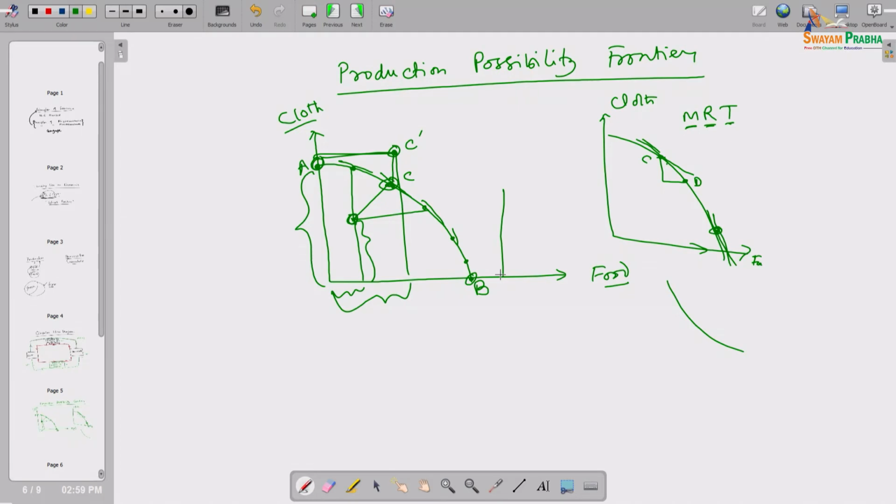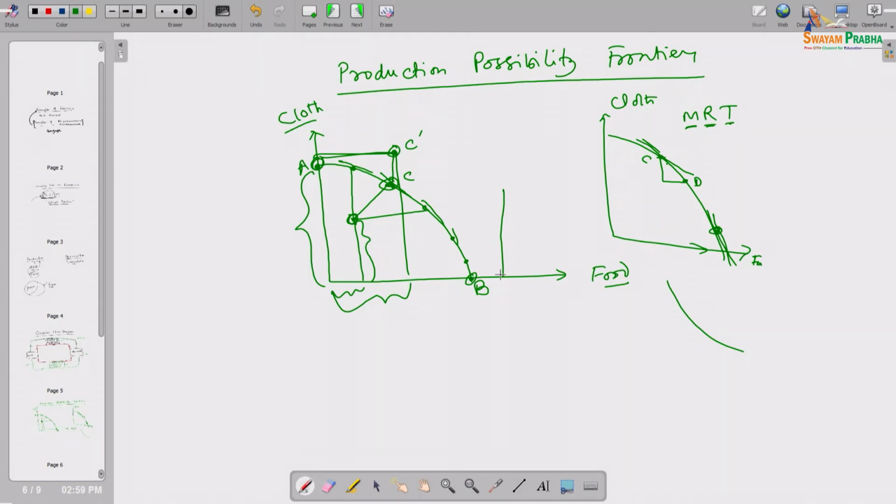That is why the production possibility frontier will always be downward sloping. I hope this is understood by everybody. It cannot be upward sloping, horizontal or vertical. It has to be downward sloping.